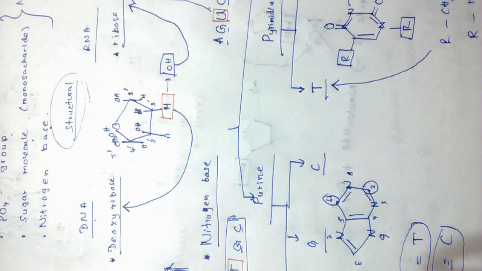Okay. Previously we discussed the structural differences between DNA and RNA. Now we are going to discuss the functional differences between DNA and RNA. DNA molecules can store all genetic information and it can be transferred from one generation to another generation.